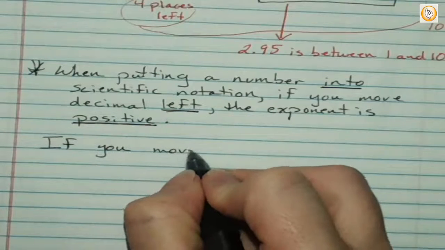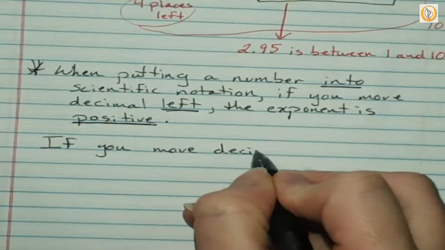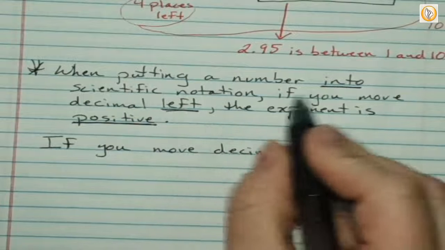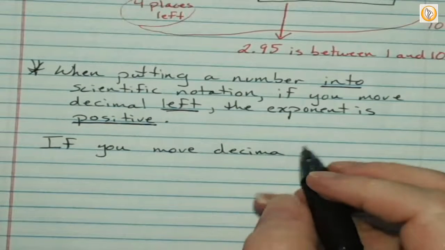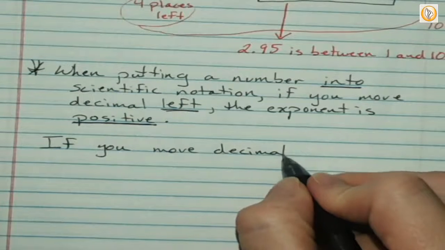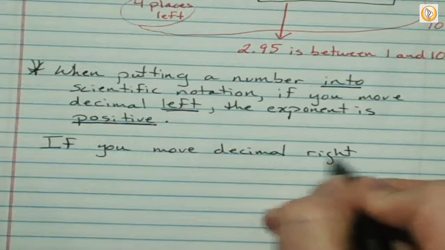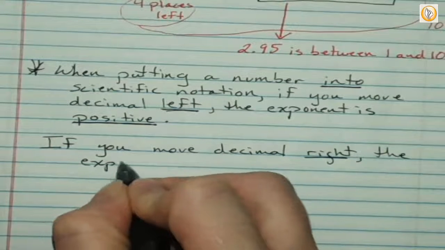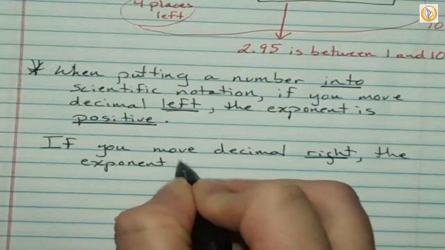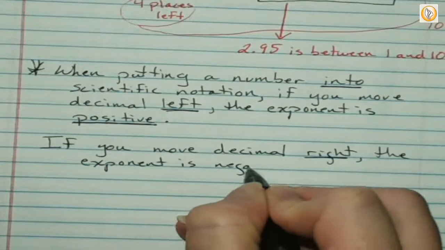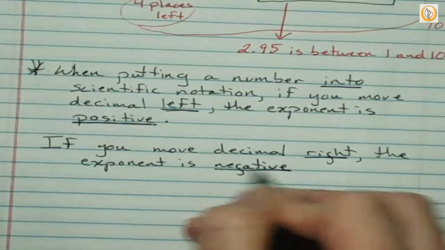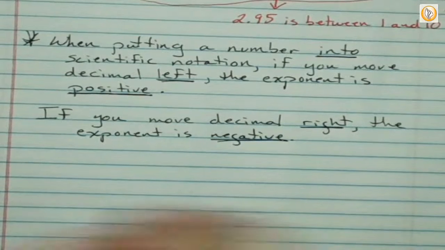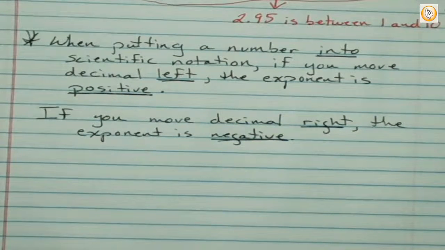If you move, and if we're putting it into notation, if you move the decimal right, the exponent is negative. And that's, again, I'm copying this kind of from the book, but just bear with me on this one, okay?